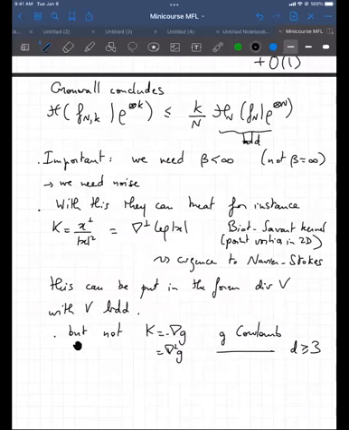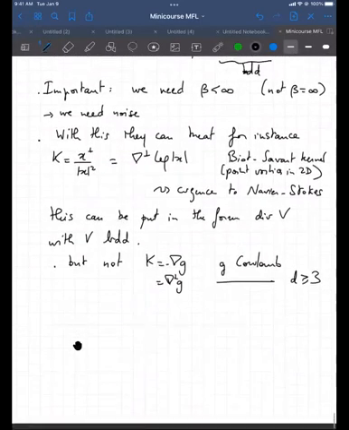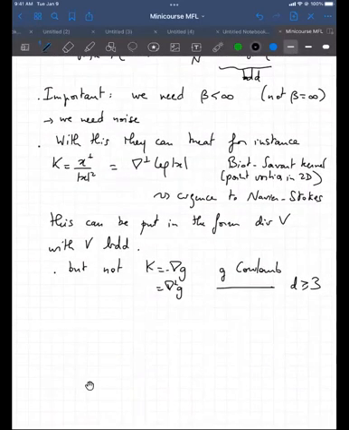The singularities are too strong for that. Okay, so this is the limit of what you can do with just the relative entropy, but I want to emphasize that it really involves the temperature.